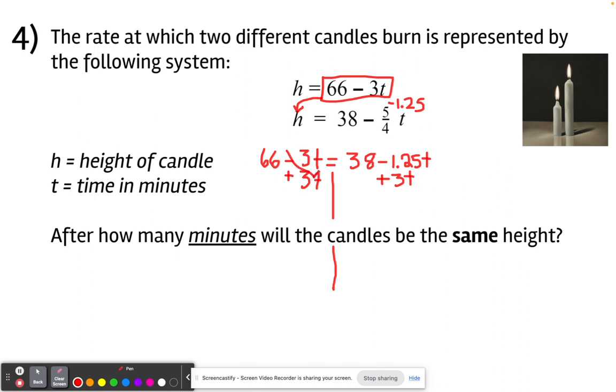This leaves me with 66 on this side and 38 negative 1.25t plus 3t will give me a positive 1.75t.